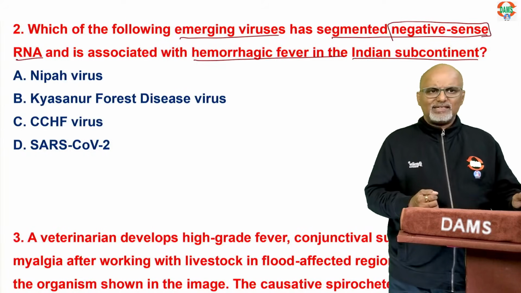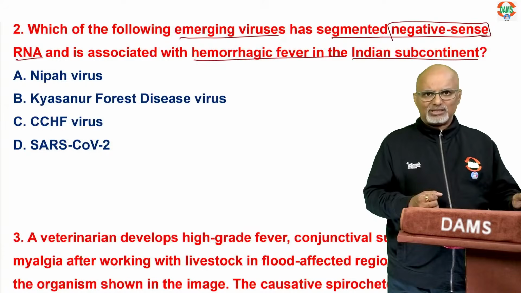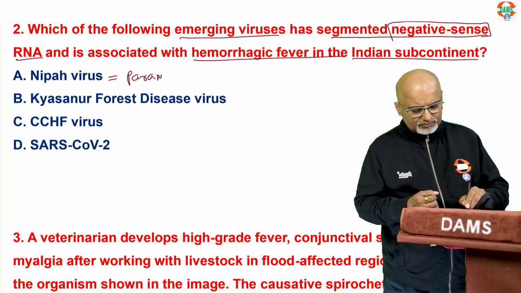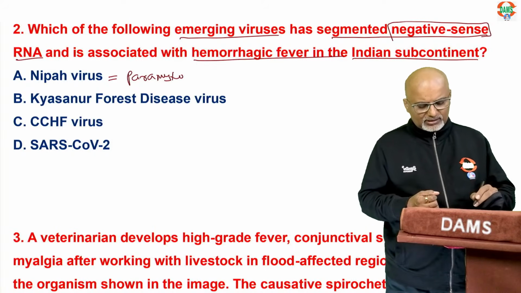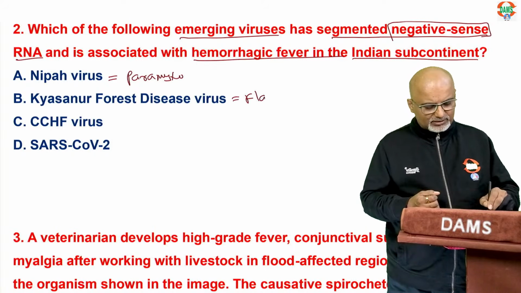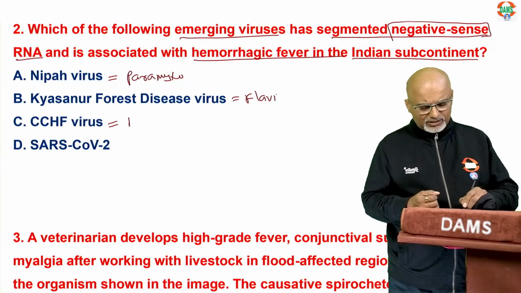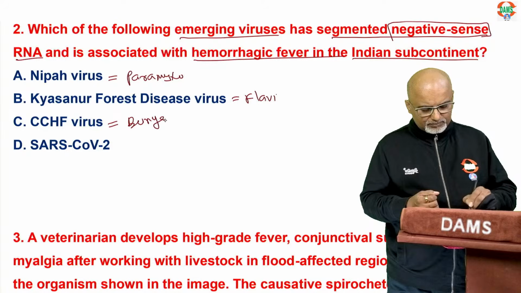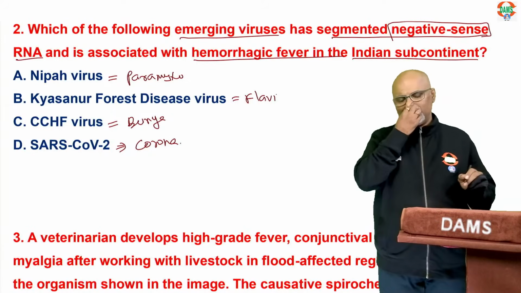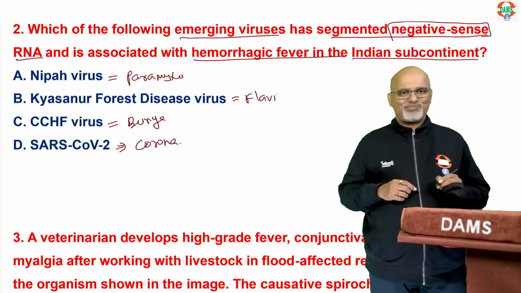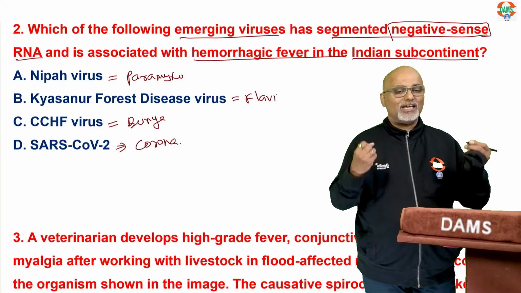So what are all the negative sense viruses? You should know that. Nipah virus belongs to Paramyxoviridae. KFD, flavivirus. CCHF, Crimean-Congo hemorrhagic fever virus, Bunyavirus. SARS-CoV-2 comes under Coronaviridae. First, you should know the family. You should know either positive sense or negative sense, for which I have a mnemonic. I gave the mnemonic to my kids.